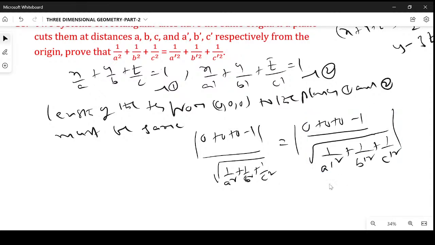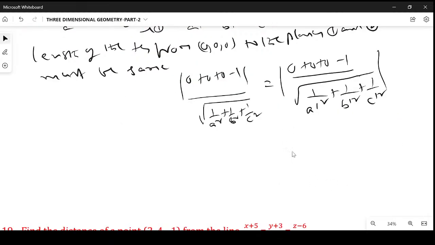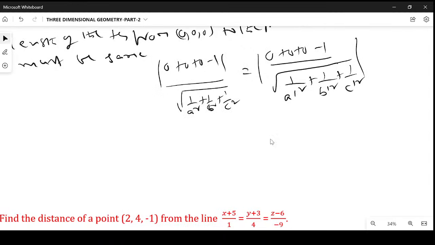Now you can see, squaring on both sides gives the required answer.